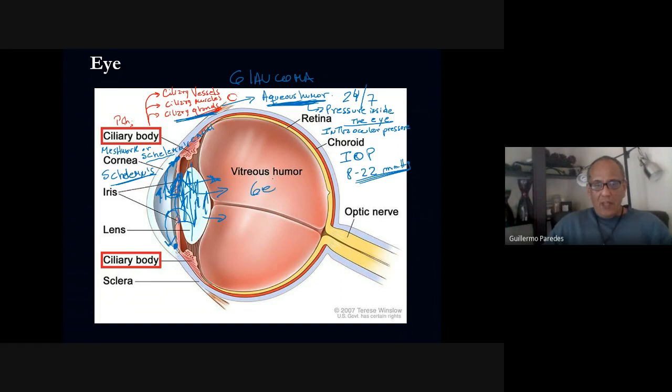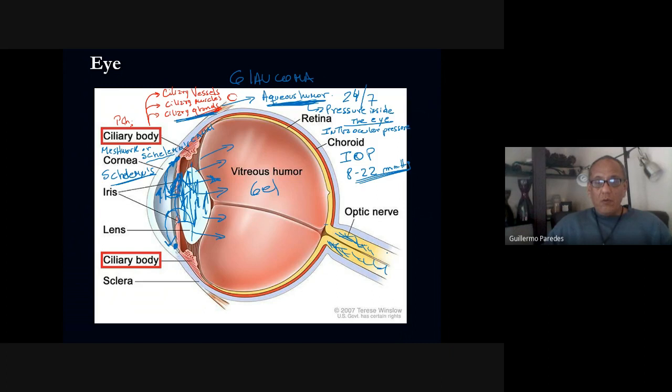This is a gel, and this pushing back, because we have an increase of the IOP, is going to squeeze and push on the entry of the optic nerve. So basically, they're strangulating the optic nerve, the entry of the optic nerve into the eye. And just remember, we have thousands of millions of nerve cells here.